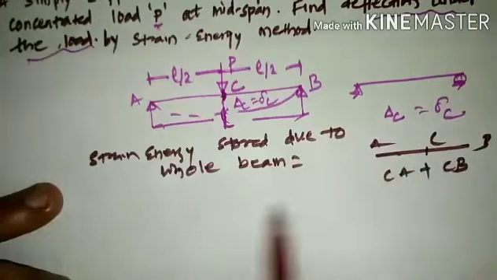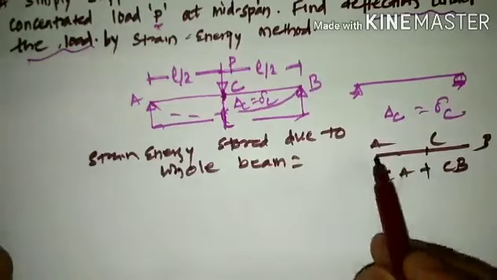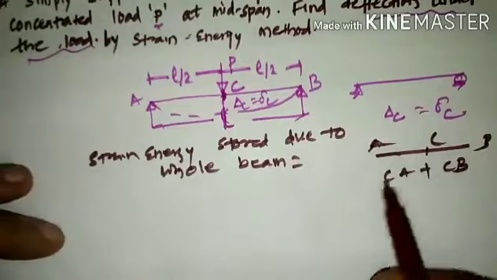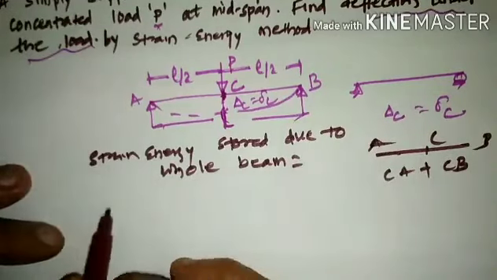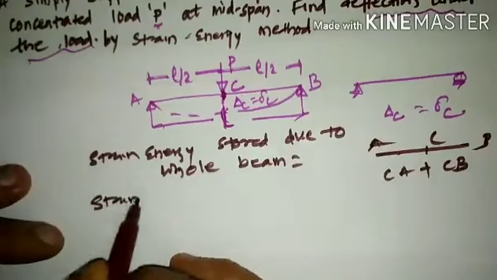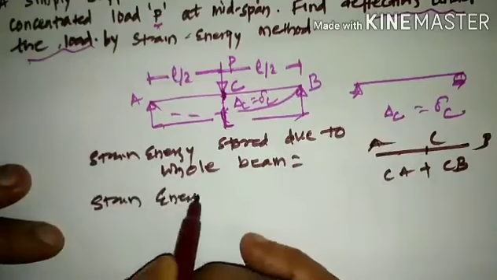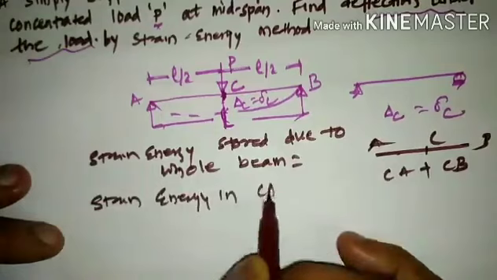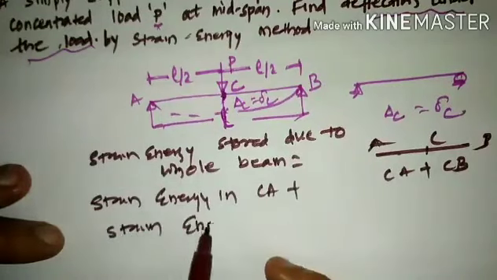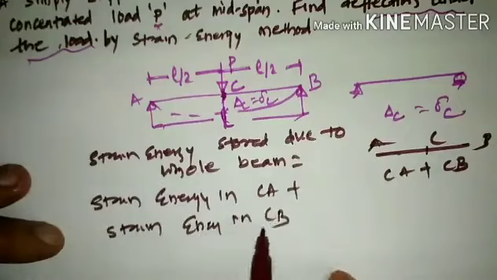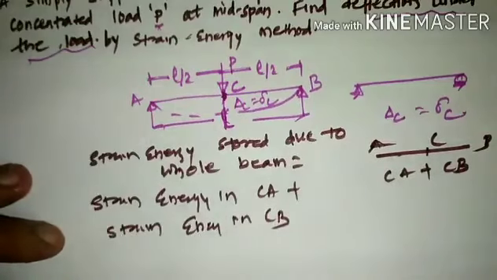If we add up both, we will get the strain energy stored in the whole beam, which means we add the strain energy in CA plus the strain energy in CB, that is on the left hand side and on the right hand side.